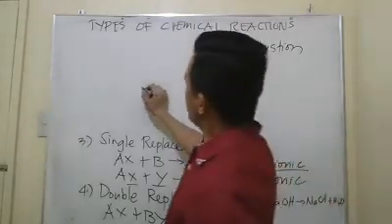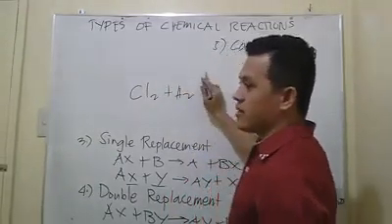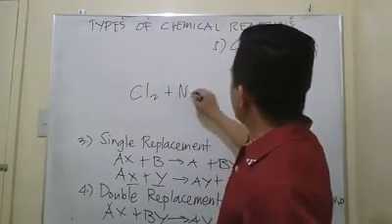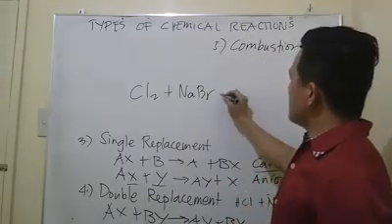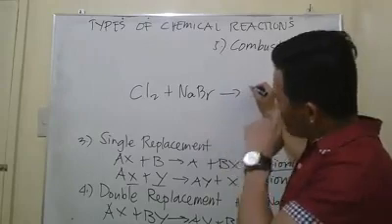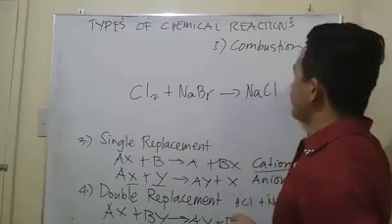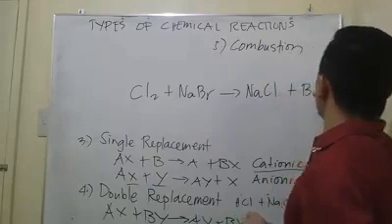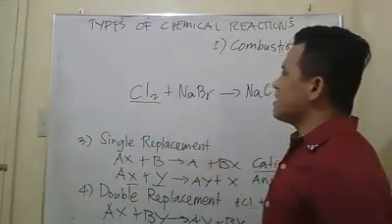Anyway, next one. Example: Cl2 plus NaBr, or sodium bromide, yields sodium chloride plus Br2. Look at this, the anion chlorine.